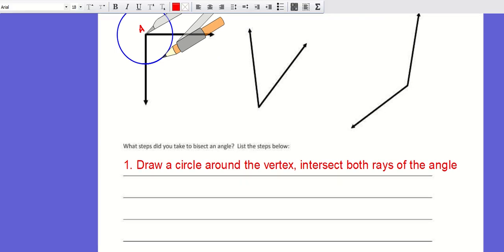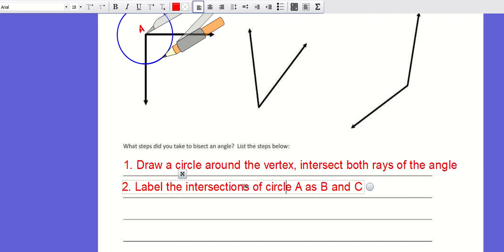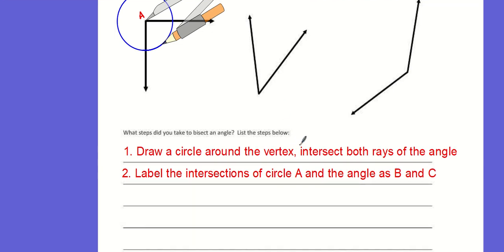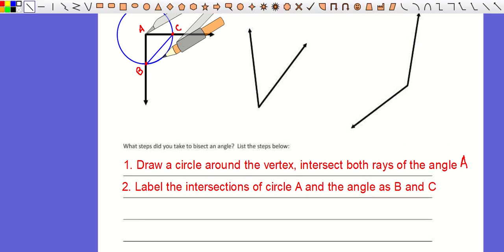For our purposes of naming, we're going to say step 2 is to label the intersection of circle A as B and C. And we're going to call this angle A. So now I'm calling this point right here at this intersection B, and this point right here at intersection C. And now all I have to do is bisect that segment that connects the two points together.